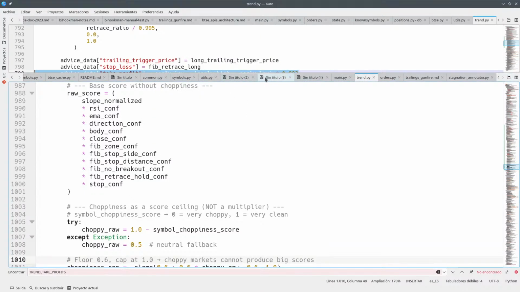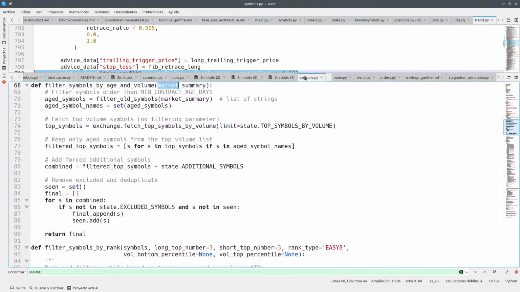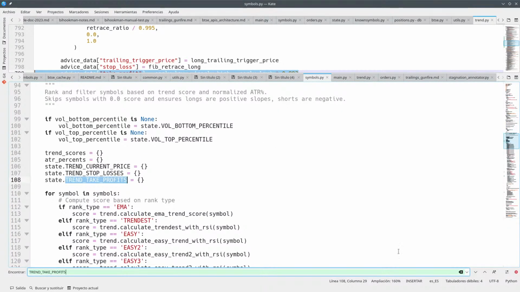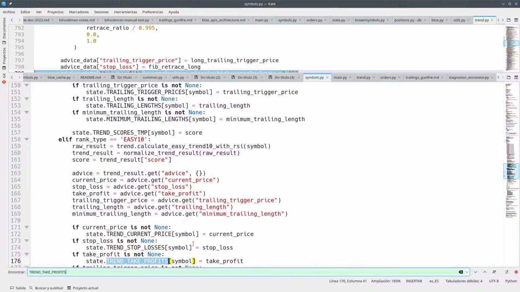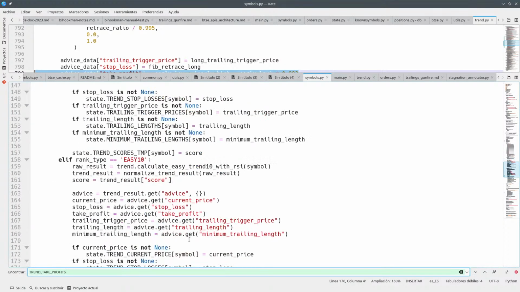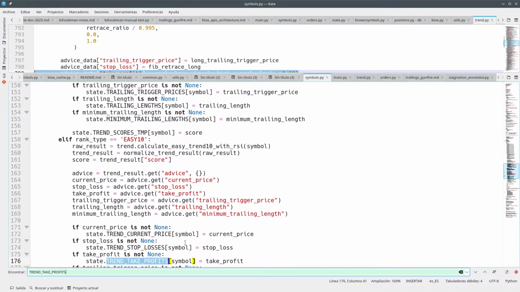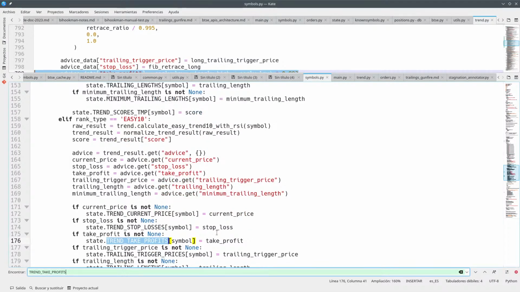Which is here. So whenever we are asking for EC10, we are getting the take profit from the other buys, that is returned from here.